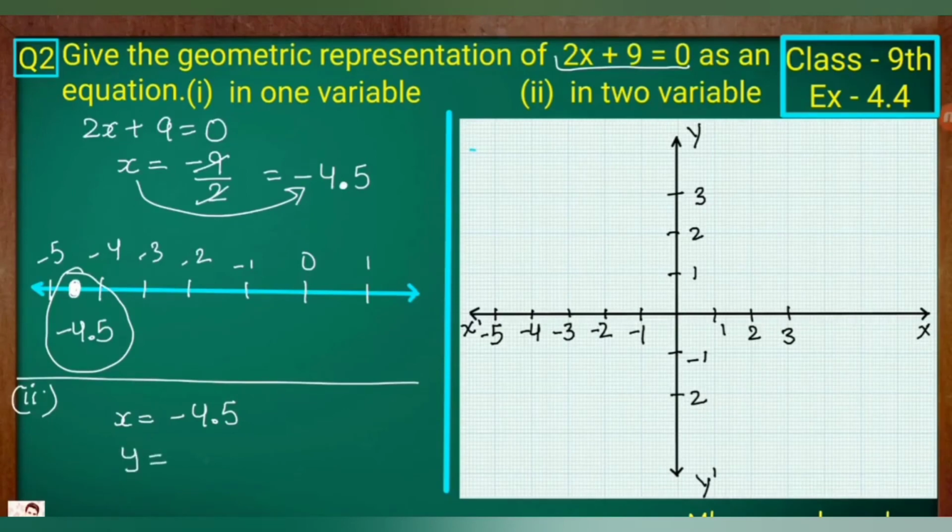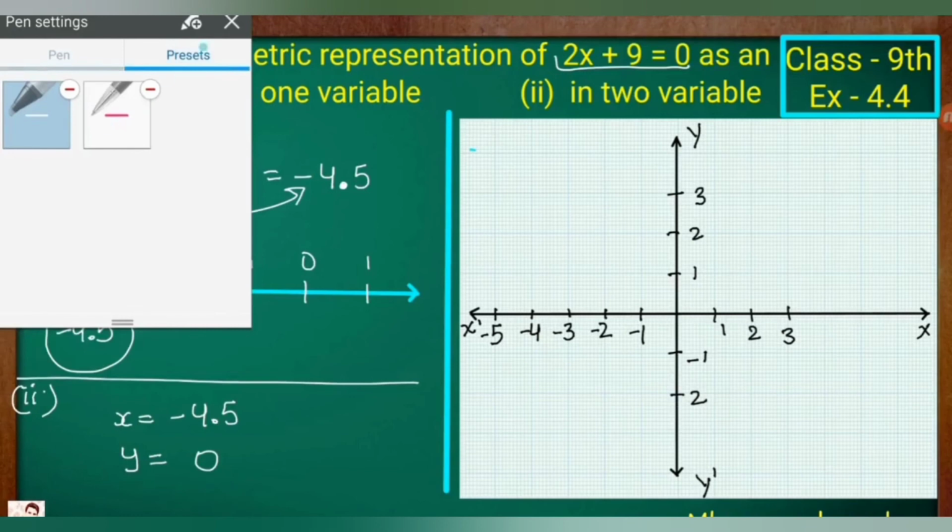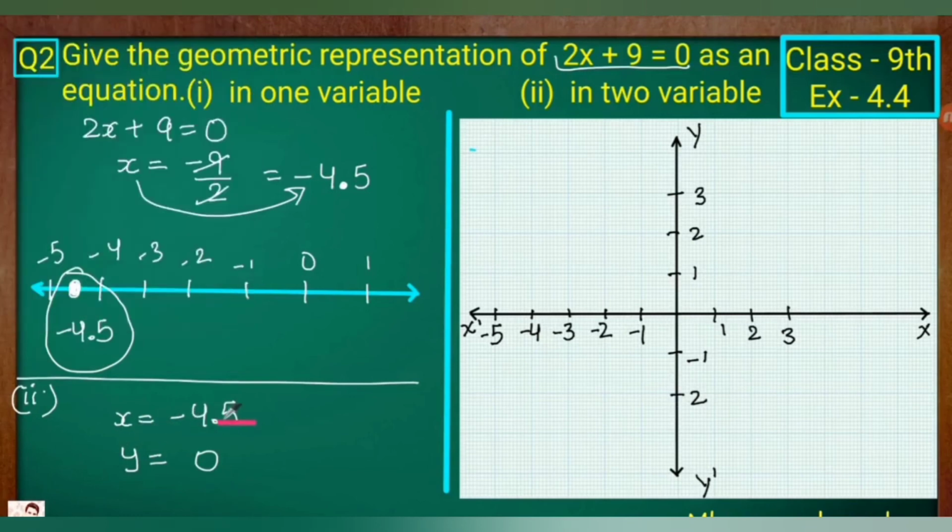We got that value from the given equation. You can check whether it is right or wrong. If you substitute that value in the given equation, definitely it will satisfy. So the first solution is (minus 4.5, 0).